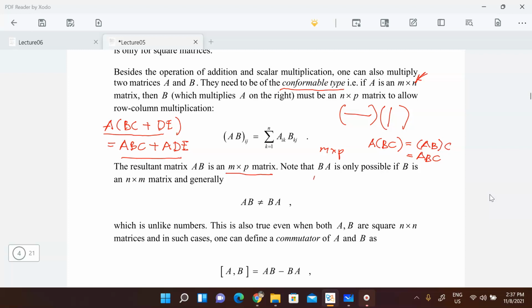N by P multiplied by, I need your M to be P as well. What do I do over here? The result matrix. In order for me to be able to do this, I would need your matrix A to be a P by N matrix. Is that right?